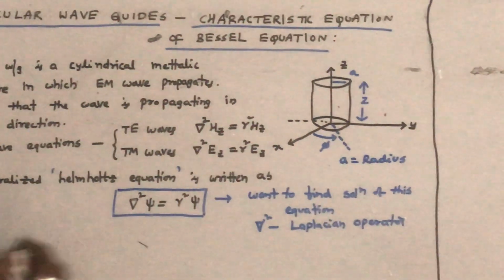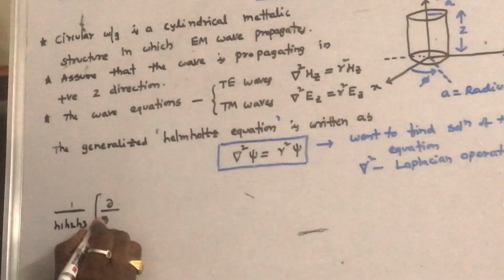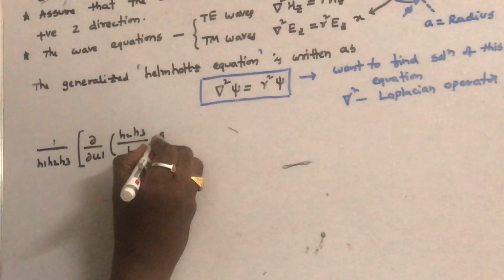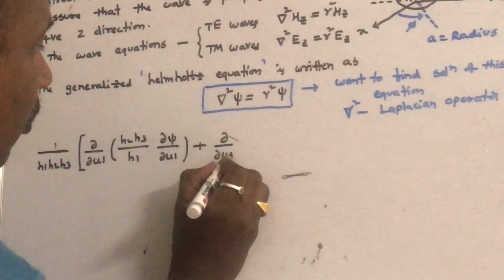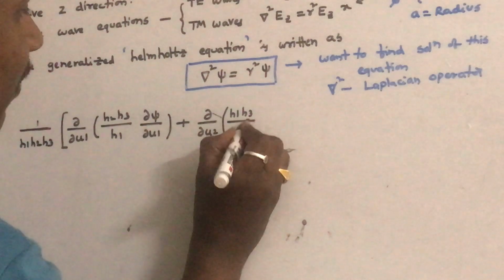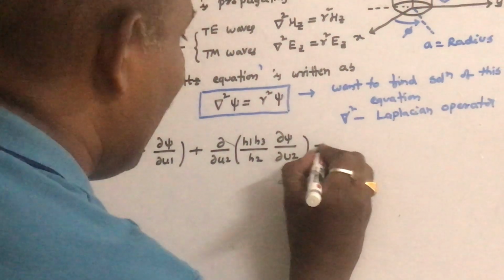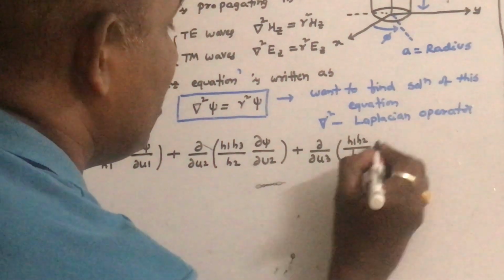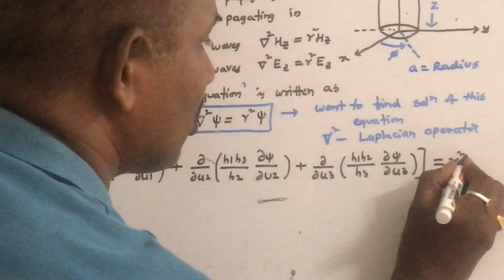So I write the generalized expression for del square as 1 by h1 h2 h3 into dou by dou u1 of h2 h3 by h1 into dou psi by dou u1 plus dou by dou u2 of h1 h3 by h2 into dou psi by dou u2 plus dou by dou u3 of h1 h2 by h3 into dou psi by dou u3. So that is equal to gamma square psi.